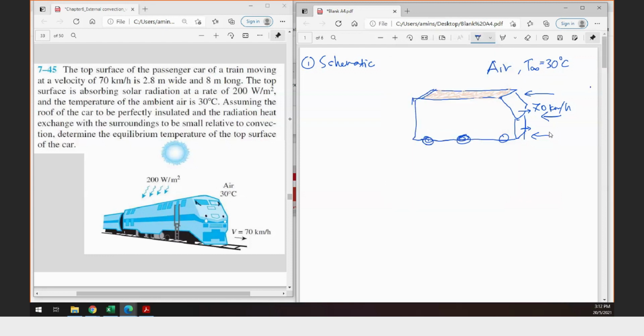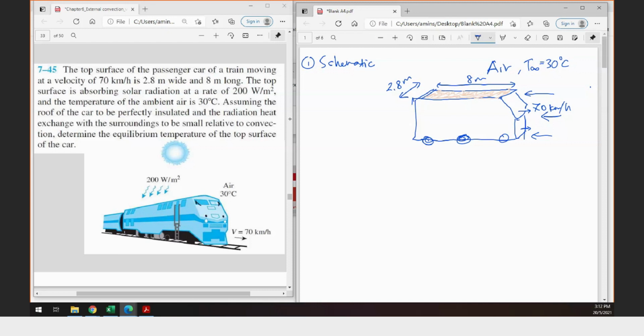So with 2.8 meter wide, so the width is 2.8 meter, and the length is 8 meter. I think this is only the front car of the train. It's not all. If all, then you have to increase the area.